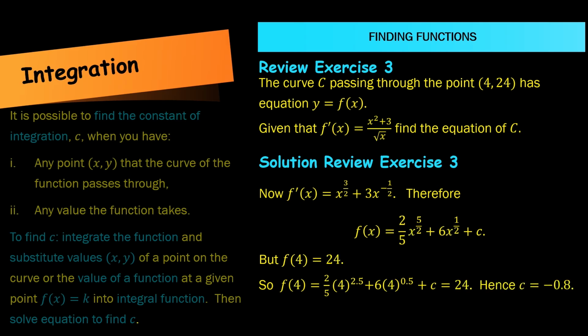And tidying up and rearranging gives us that c equals minus 0.8. Therefore, f(x) equals 2/5 x to the 5 over 2 plus 6x to the power half minus 0.8.